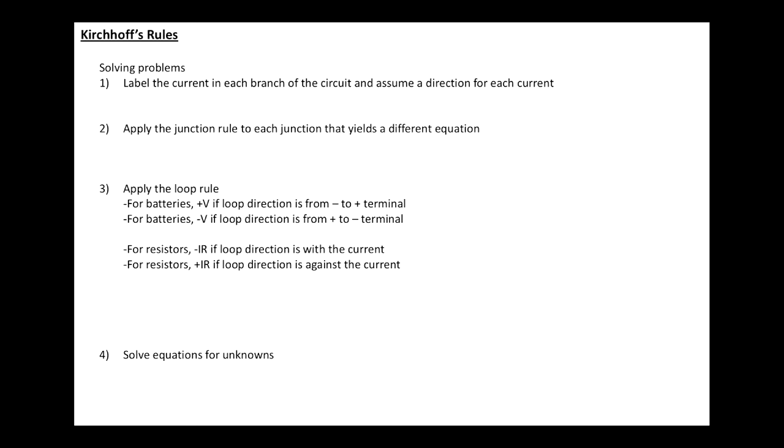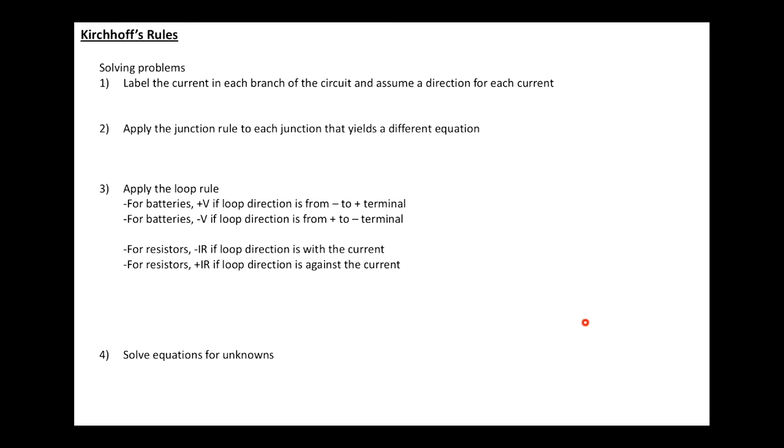It's like going against the waterfall, opposite the voltage drop. But if my analysis is in this direction with the current, that's a drop in potential because I'm going with the waterfall. That'll be represented by using Ohm's law. So we'll write either a positive IR or a negative IR, depending on whether our analysis is with the current or against the current.